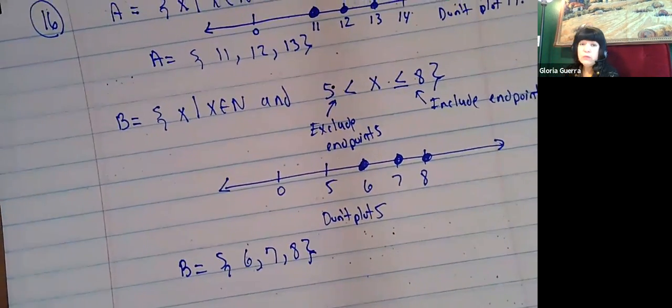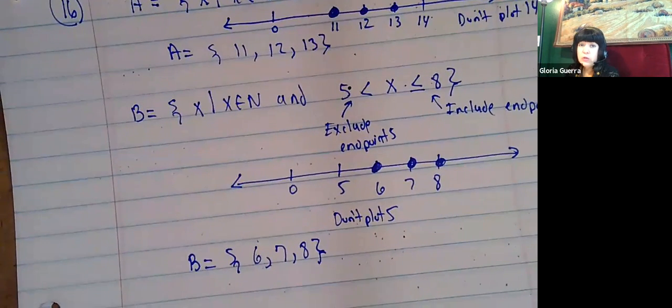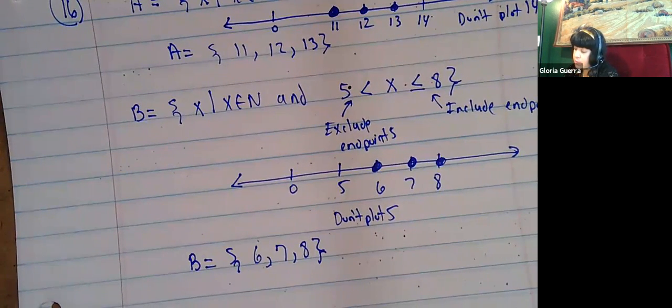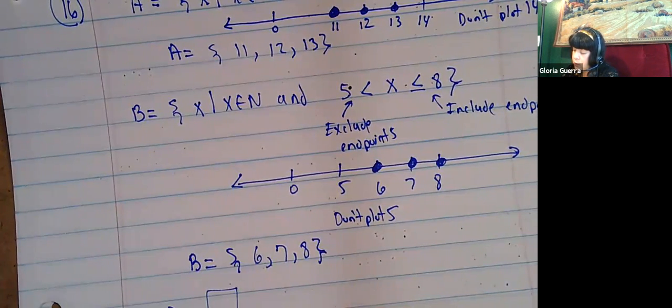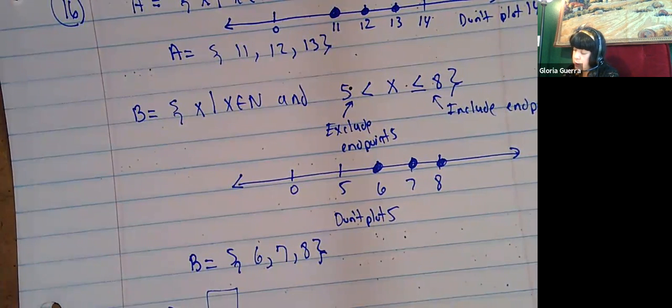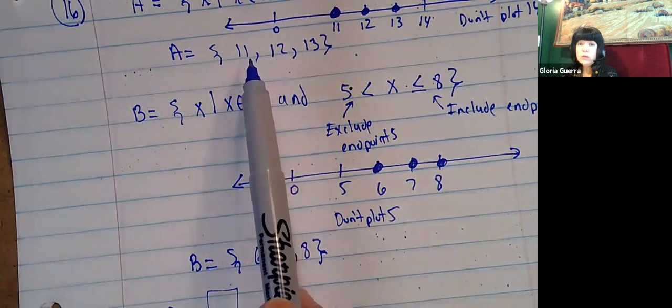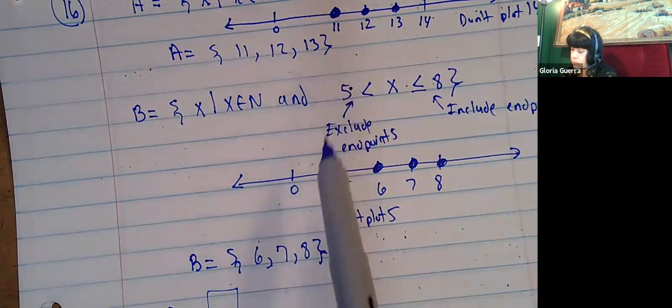Okay, so now we've got our two sets. Let's do the cardinality for A. Remember that stands for the amount of elements in its set. So A, if I count, 1, 2, 3.